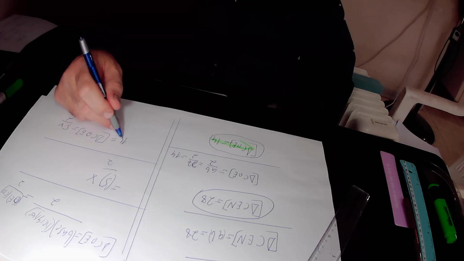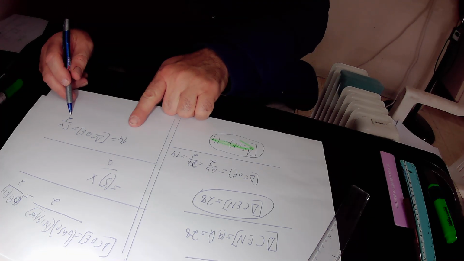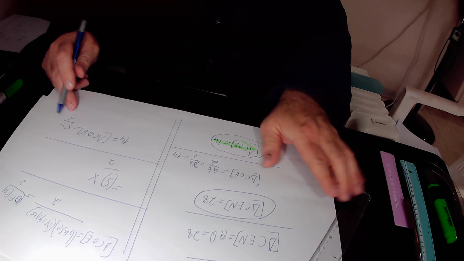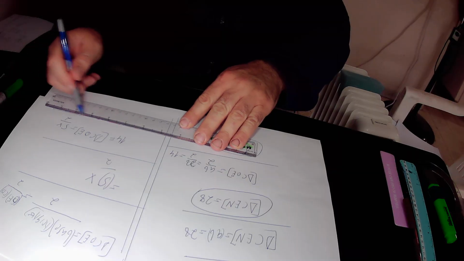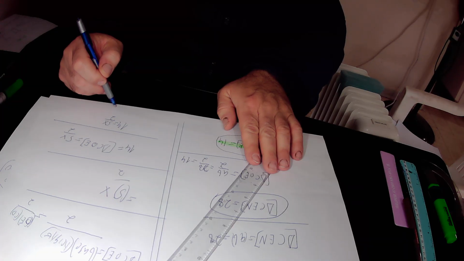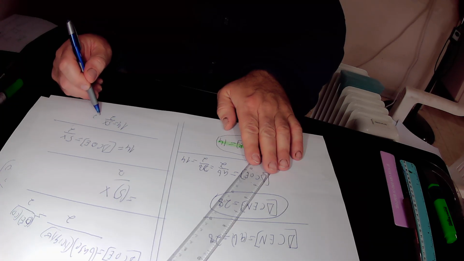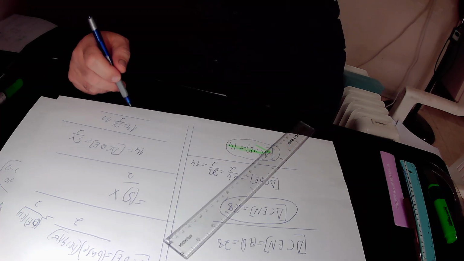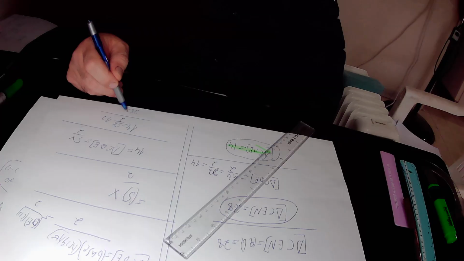So the two sides are equal to each other. That is to say, 14 equals 5x over 2. Here we multiply this equation by 2 and get 2 times 14, which is 28, equals 5x.